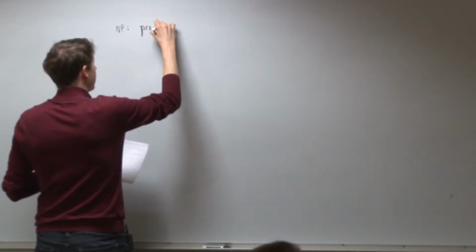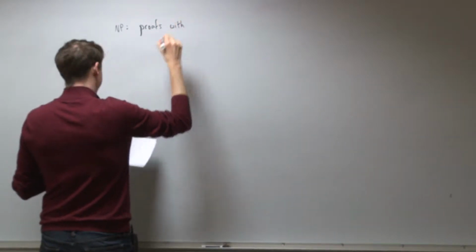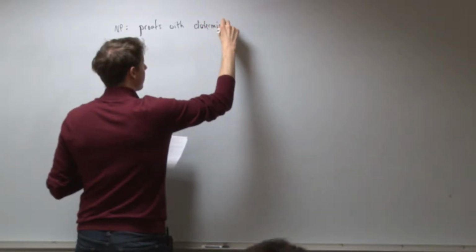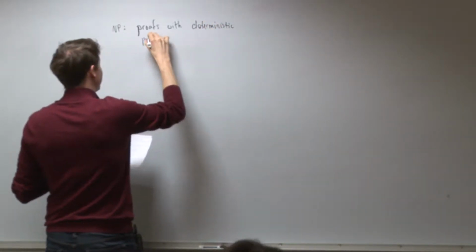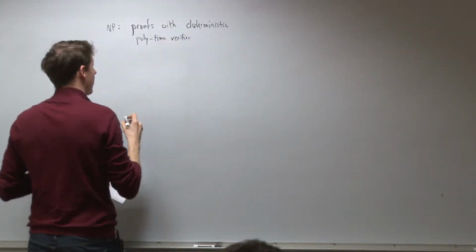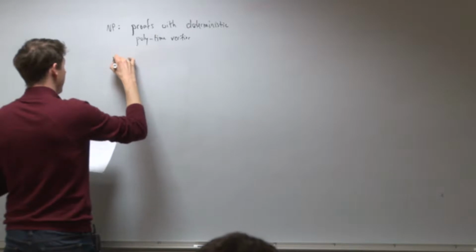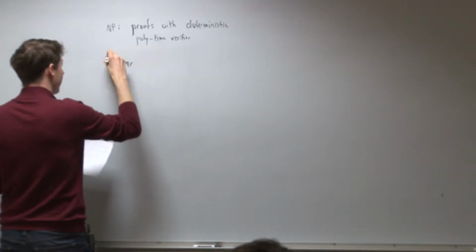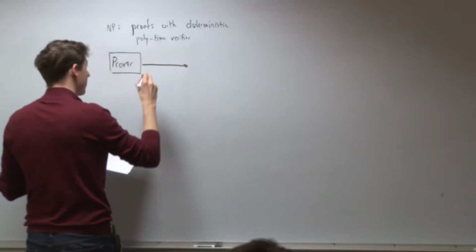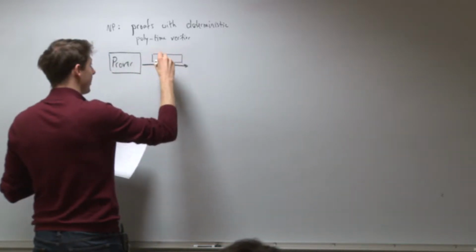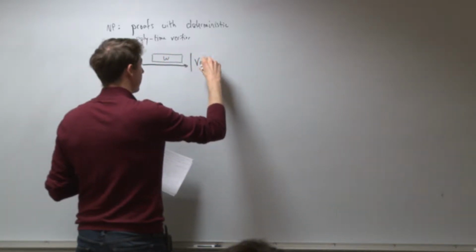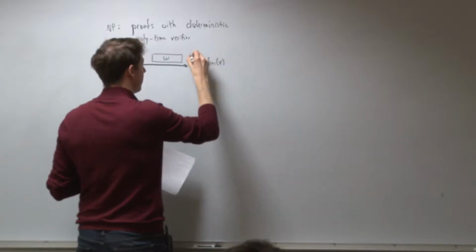So these are proofs with a deterministic polynomial time verifier. Back then we didn't really talk about the prover, but you can imagine that the prover is the source of this witness, which is supplied to the deterministic polynomial time verifier that has the statement it's checking, right?